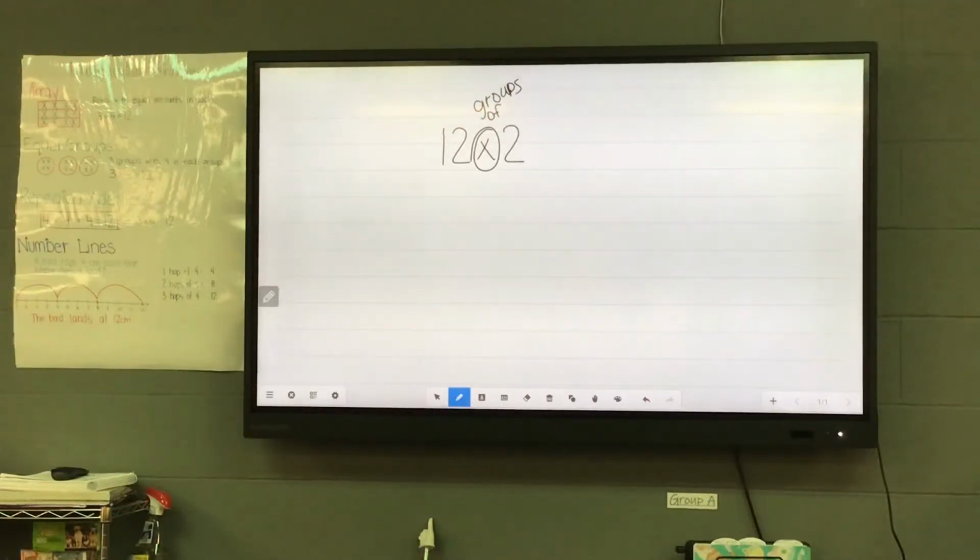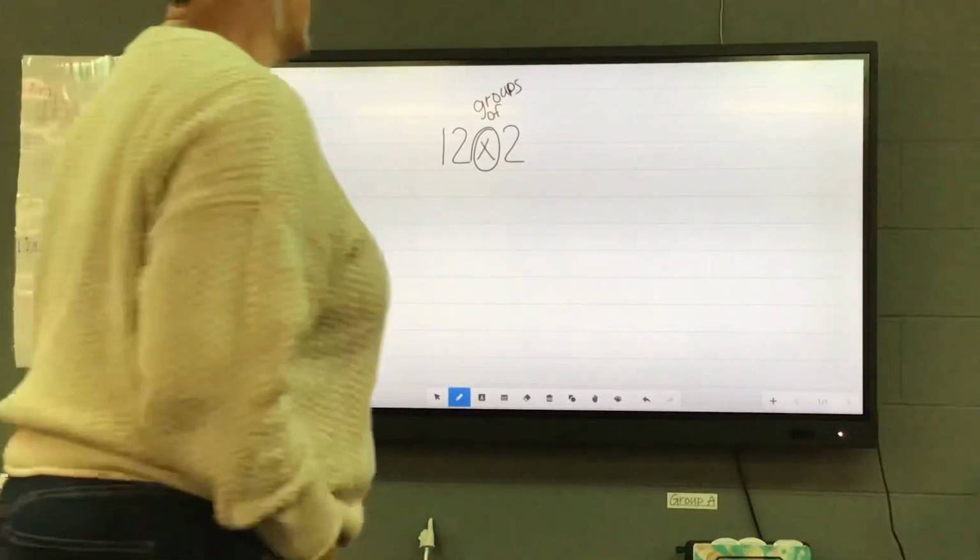Is it different than how you solved it? Do we have similar thoughts? Once you've looked at everybody else's work, go ahead and head back to your seat.